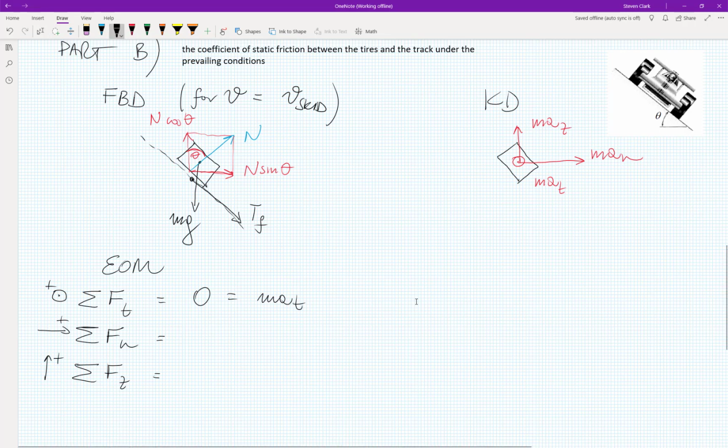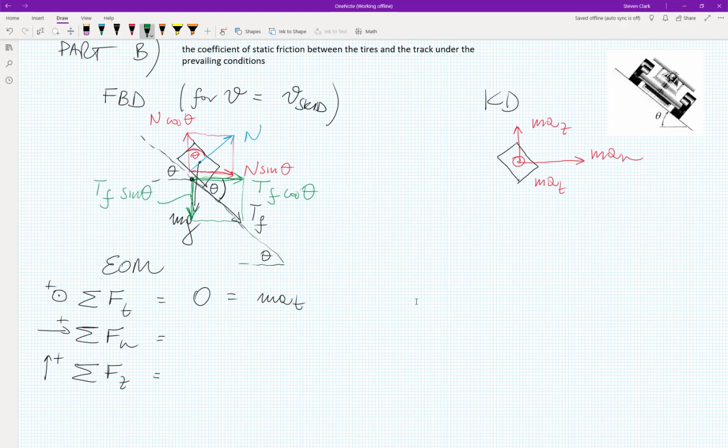Okay, but I have to now project F_f, right? So if theta is here, I will have these two projections, this green one and this green one. So if theta is here, I believe that theta is here as well. So does it mean that theta will be here? I believe so. Okay, so that will be F_f cosine theta, and this vertical one will be F_f sine theta.